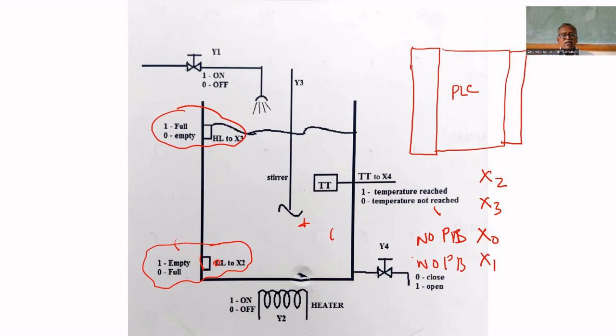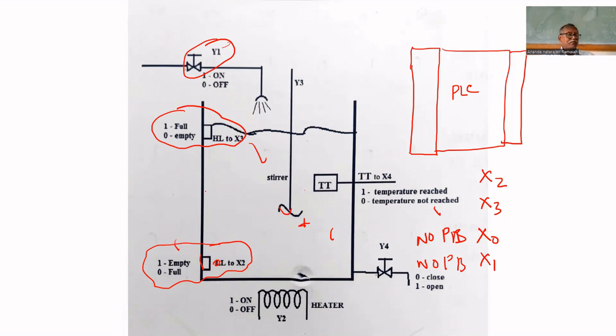X2 is to check whether the tank is empty or not. The X3 input is to check whether the tank is full or not. Next, it is not sufficient. If the tank is empty, we can open the inlet valve. Where is the inlet valve connected? At Y1. We can open the inlet valve if the tank is empty.